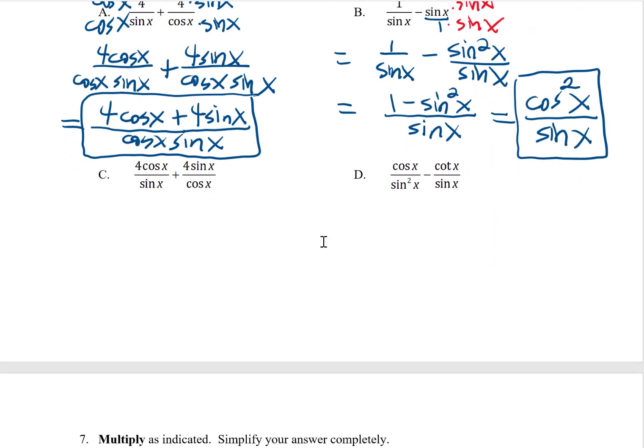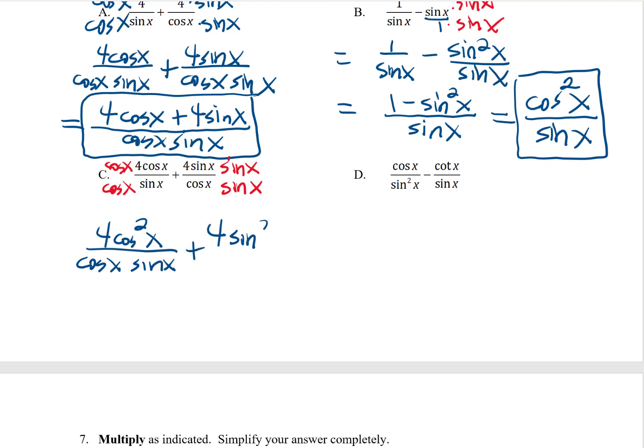Part C, this one looks a lot like part A. The first fraction is missing a cosine x, and the second fraction is missing a sine x there on the bottom. And so when I make that fix, I get 4 cosine squared x over cosine x sine x, and then plus 4 sine squared x over cosine x sine x. And now I can add.